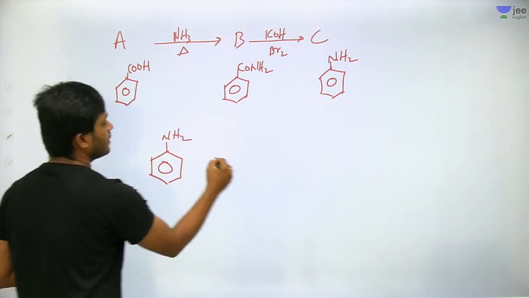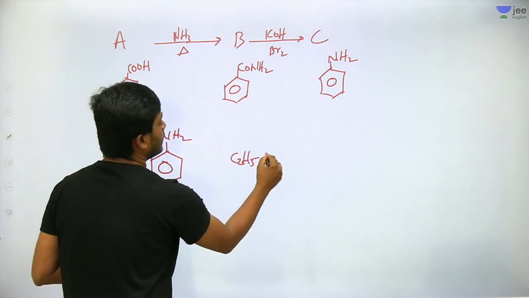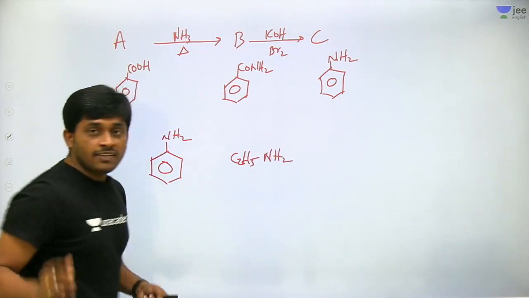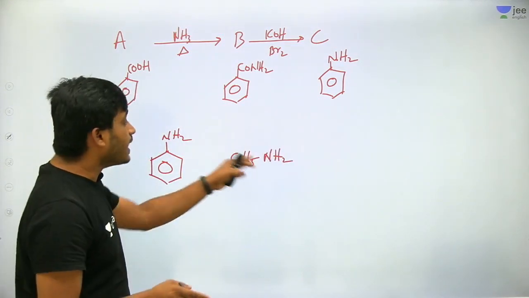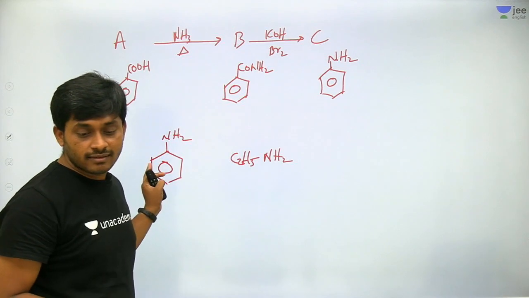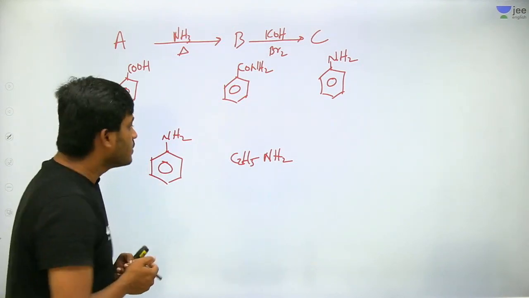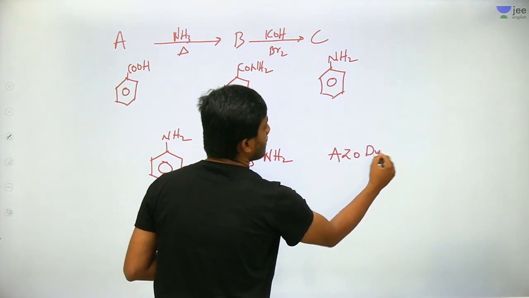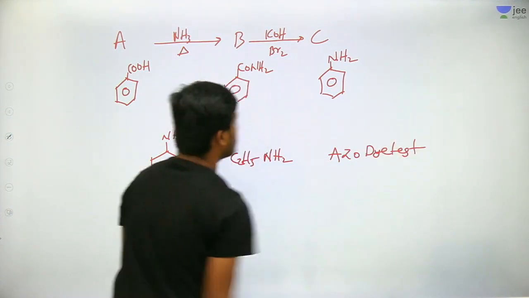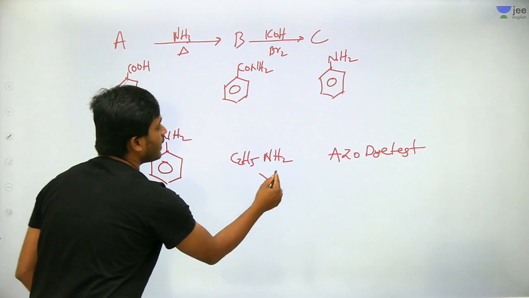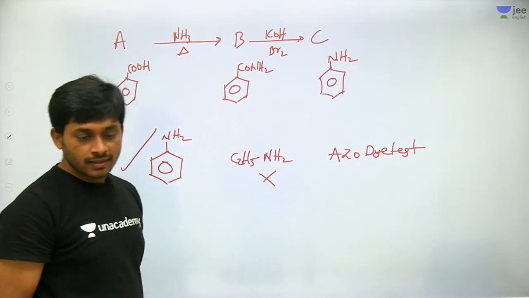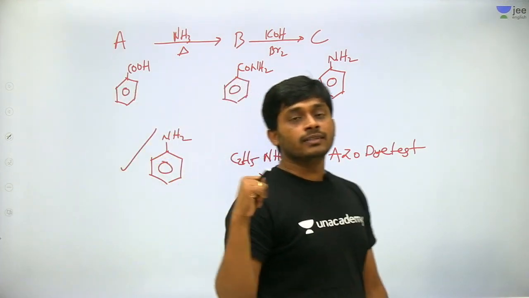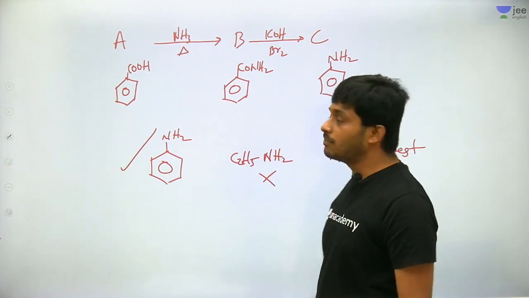Aniline is this, ethylamine is this. That means aliphatic amines versus aromatic amines. So what can we use? We can use the azo dye test. Aniline will give a colored compound, but ethylamine will not give any azo dye.